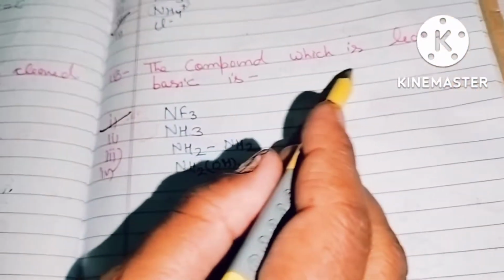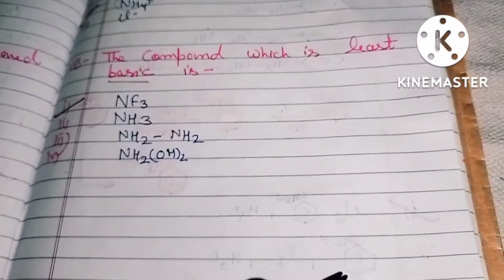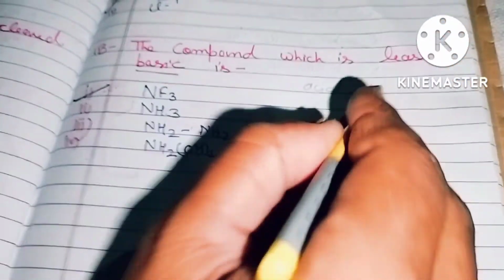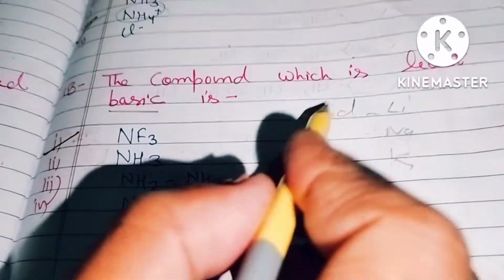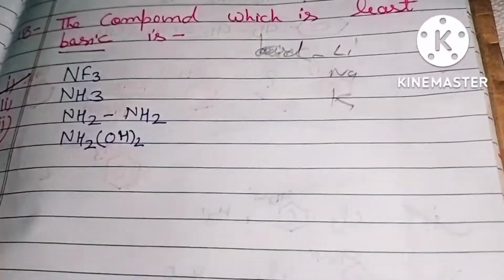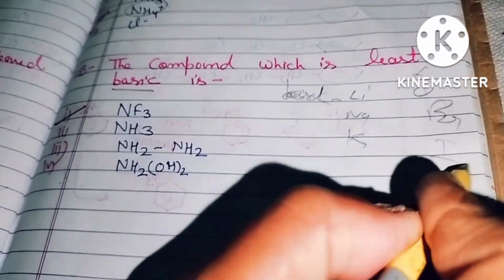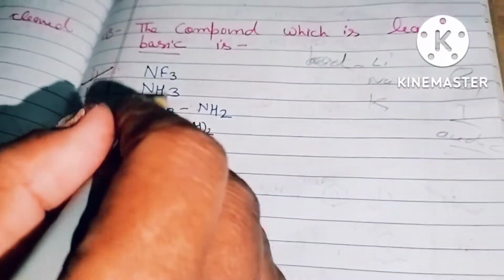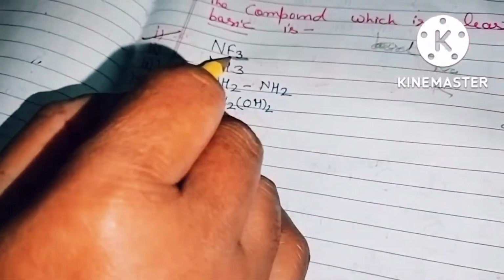Next, the compound which is least basic. We know the acidic and basic natures. Lithium, sodium, and potassium are highly basic in nature. Halogens like fluorine, chlorine, bromine, and iodine form acidic compounds. But which compound is more basic?